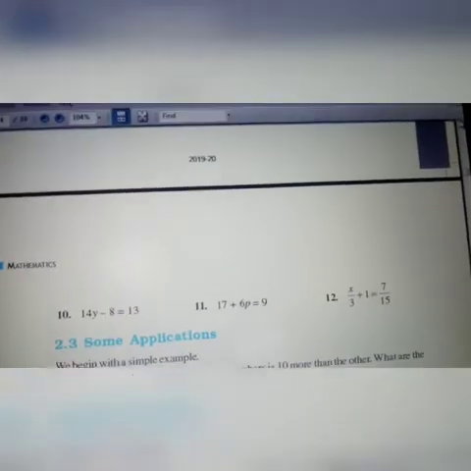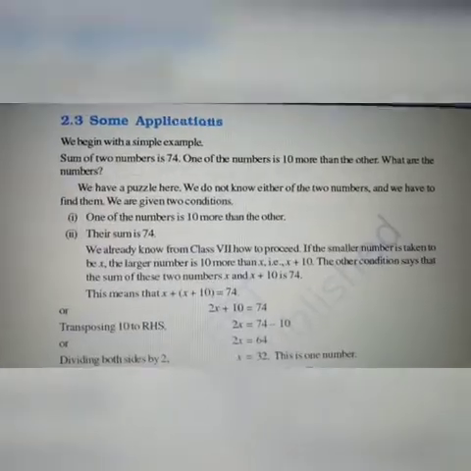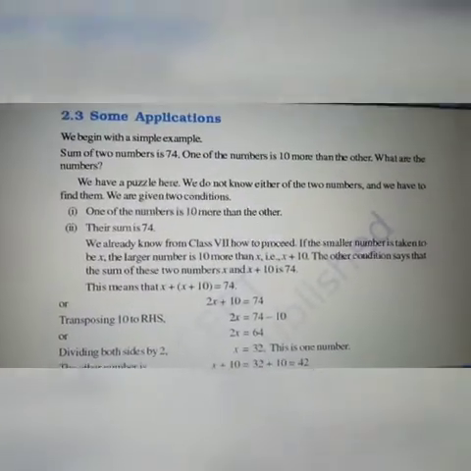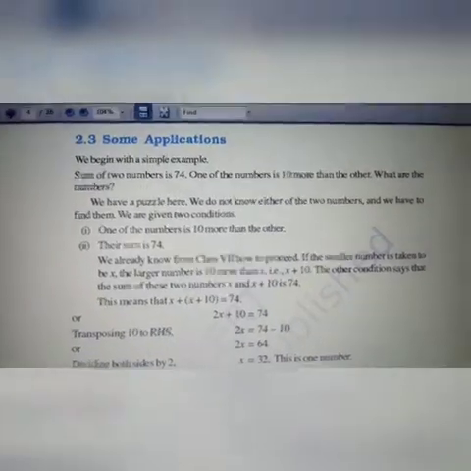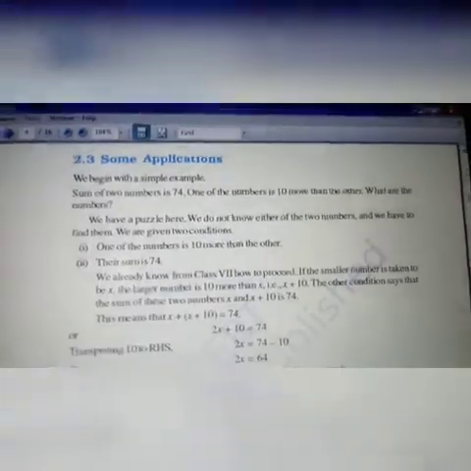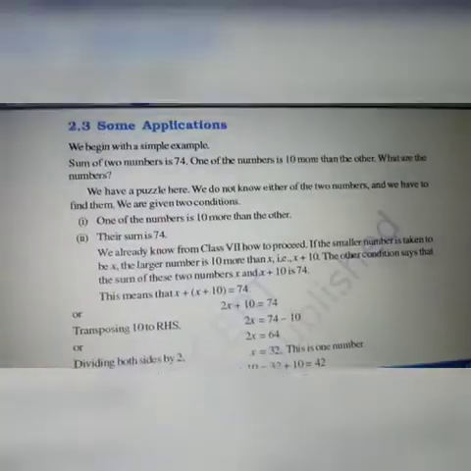Okay, my dears, this is your exercise 2.2. What is the exercise based upon? Applications. As I already told you, in previous exercises they give you the equation and we have to solve it, but in this exercise they don't give the equation directly.